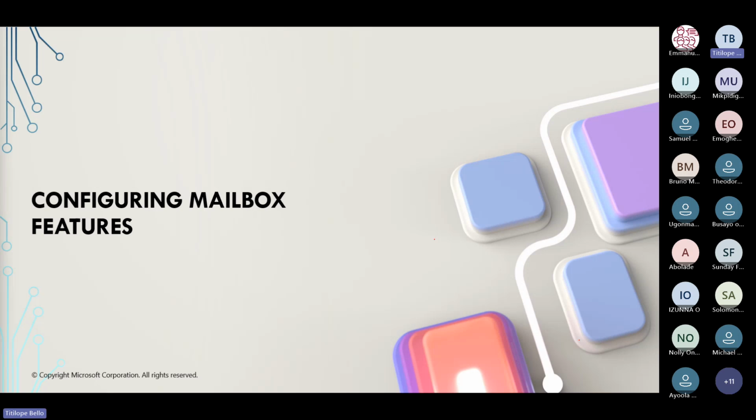Then there's also what we call auditing. In the case where maybe you gave certain permission to a user, like a manager or executive and their PA, or it might be that we want to know what IT is even doing.